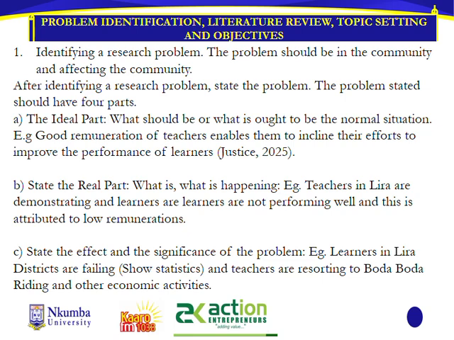For a problem to exist, there should be what is expected to be. For example, a person's normal temperature is expected to be 37 degrees Celsius. That's expected. That's the ideal. The ideal is what should be and what is expected to be.